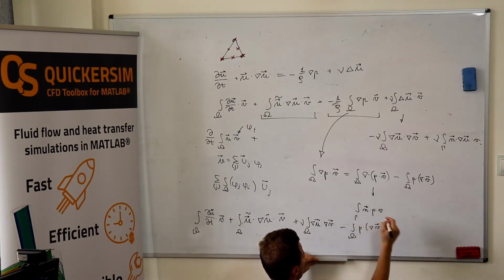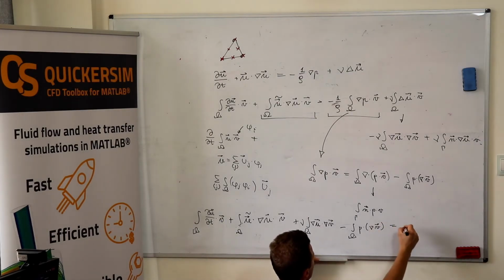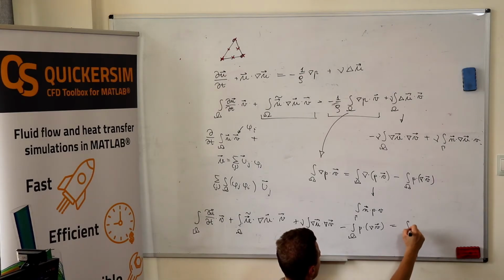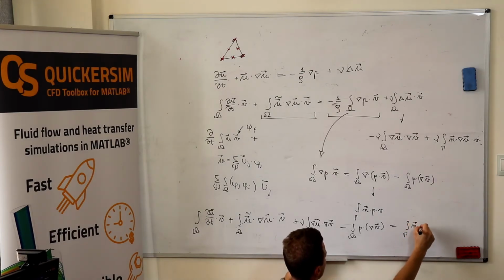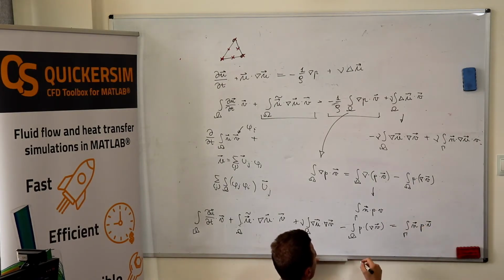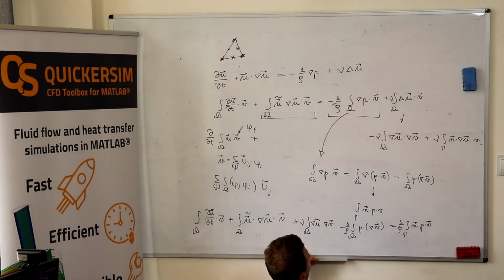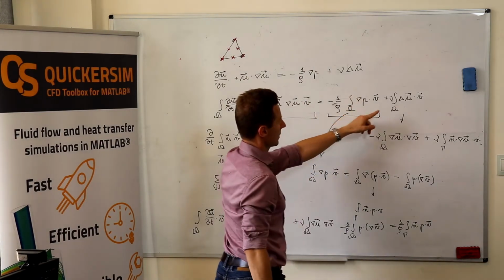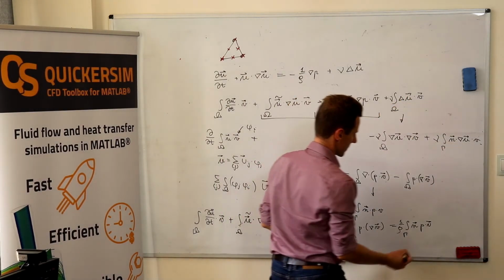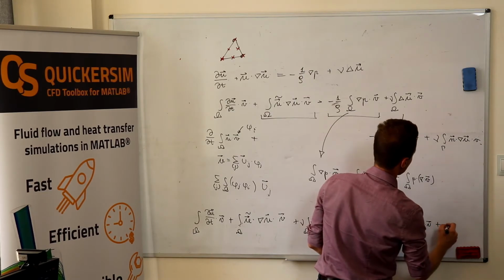This goes on the left-hand side. I want to take this on the right-hand side. So this would be N P times V, 1 divided by rho. And we have already taken this term, and let's take this one.